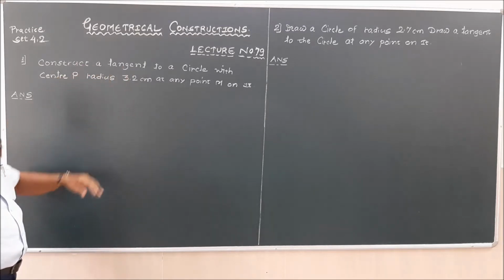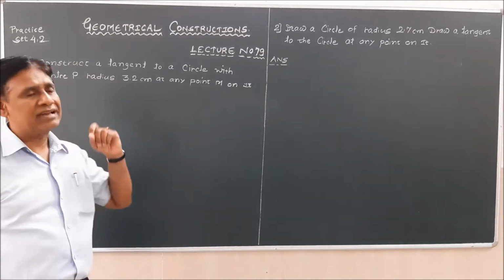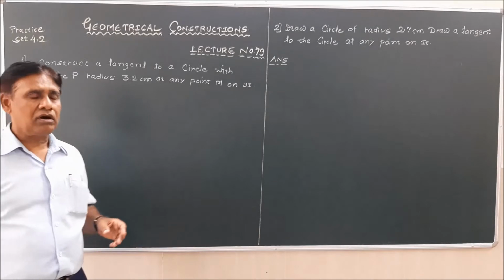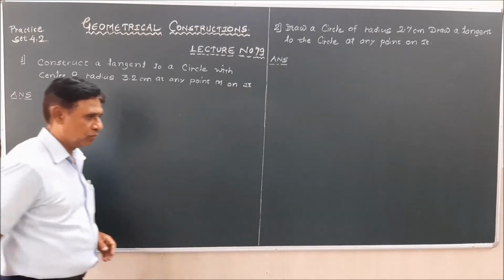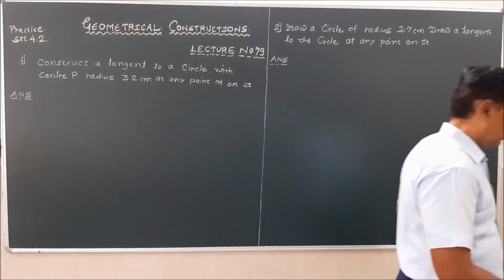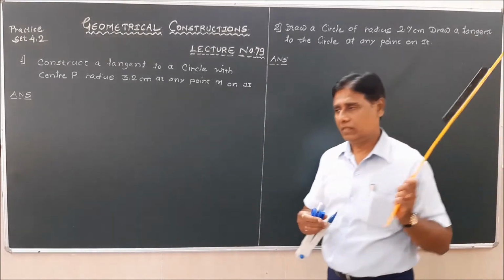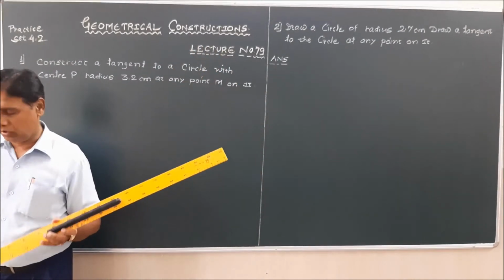Construct a tangent to a circle with center P and radius 3.2 cm at any point M on it. So let's draw a circle with a radius of 3.2. Take the scale, and always begin from 0.